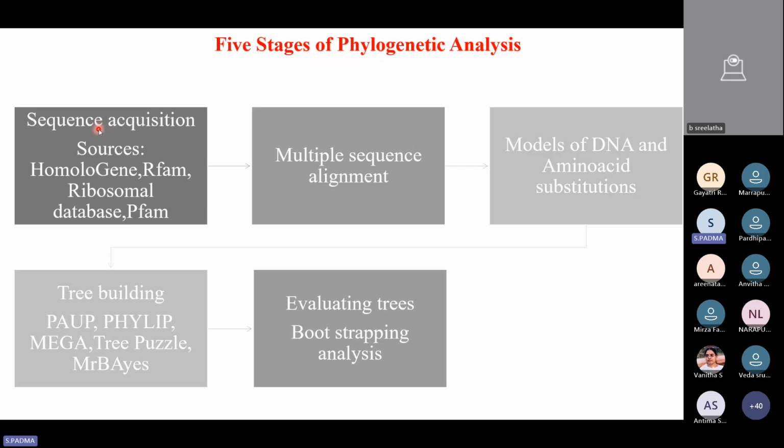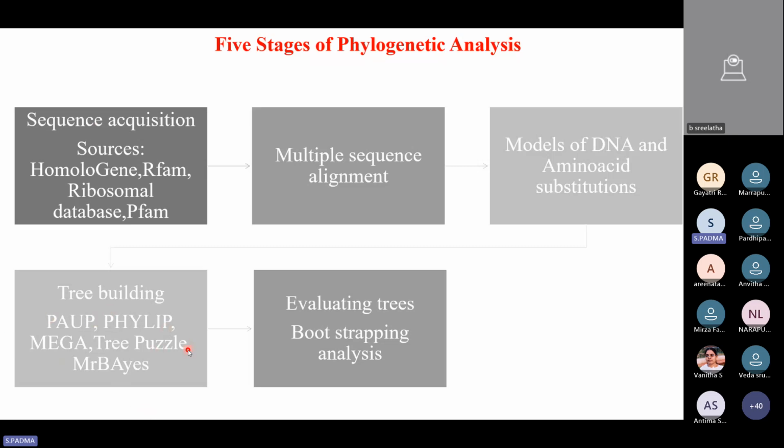After doing multiple sequence alignment, you need to do the modeling, which is the best suited tree construction model for that. Then you have to do tree building using different models for the phylogenetic tree, that is PAUP, Phylip, MEGA, TREE-PUZZLE, MrBayes.